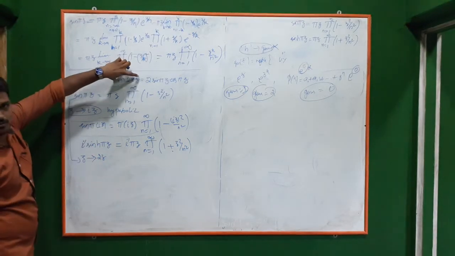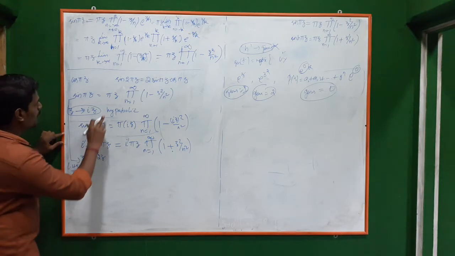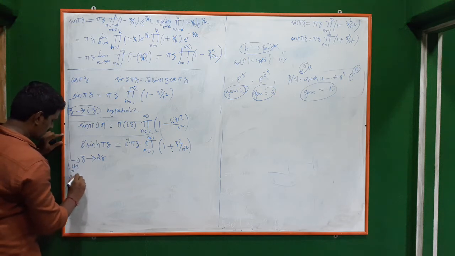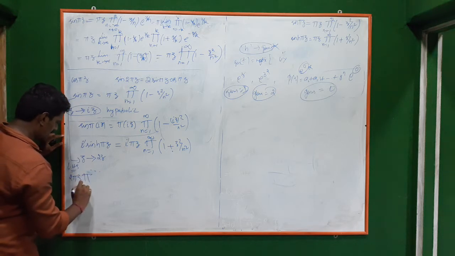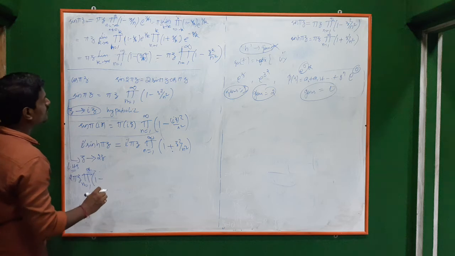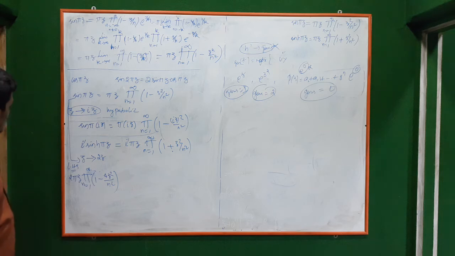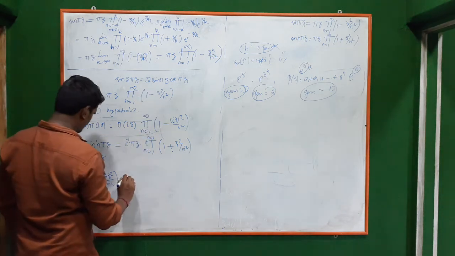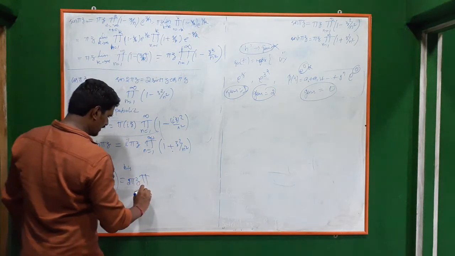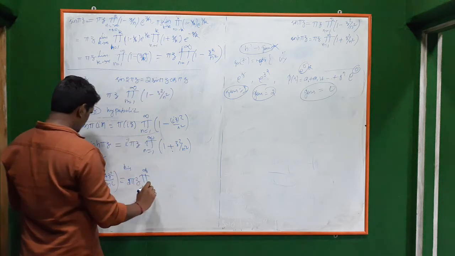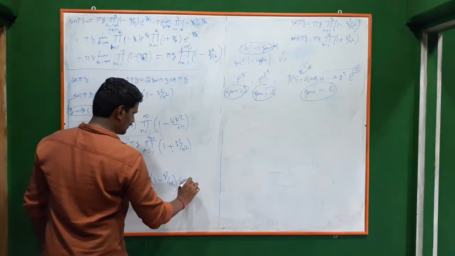Then the left-hand side will be sin 2πz, which equals 2πz times the product over n from 1 to infinity of (1 − 4z²/n²). The right-hand side is 2 sin πz cos πz, so it is 2πz times the product over n from 1 to infinity of (1 − z²/n²) times cos πz. So we have to find cos πz.